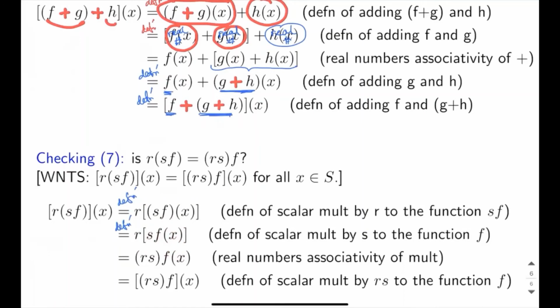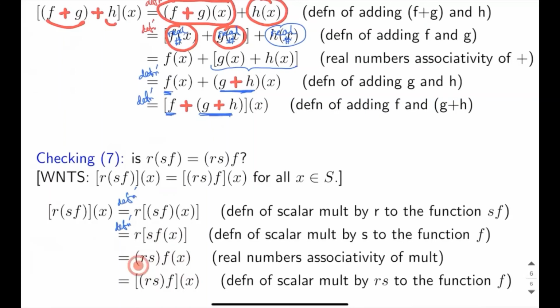Now, at this point, we already have a number r, a number s, and the number f of x. They are real numbers being multiplied together. If you multiply three real numbers together, you can combine the r and the s first, then multiply this real number with the real number f of x.